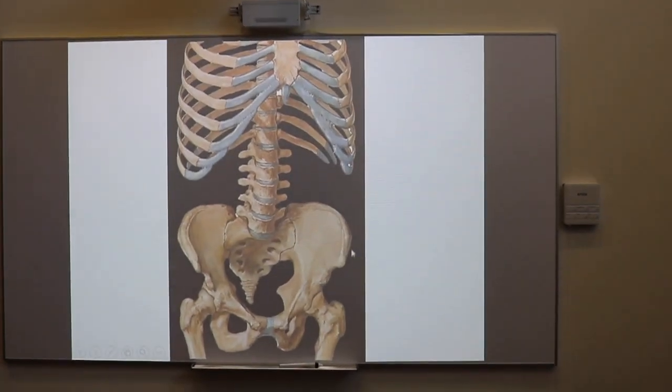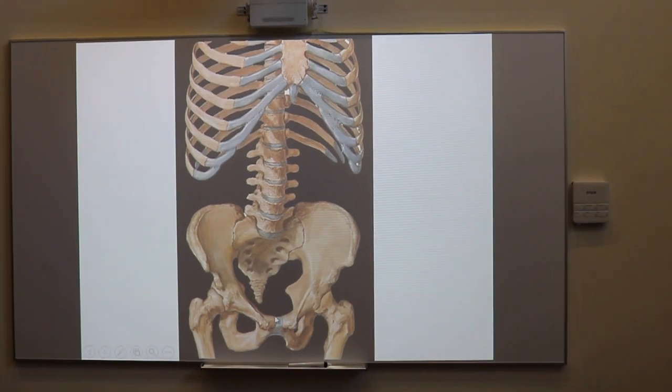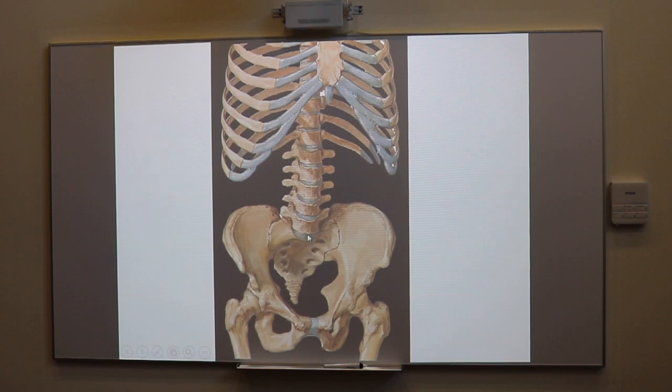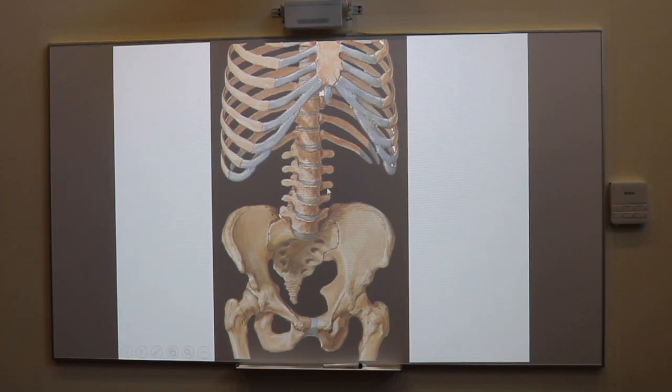You see the iliac crest, you see the pubic bone, and you see the spines. We cover it in a general way, in a very intelligent, practical way. We don't go into details.